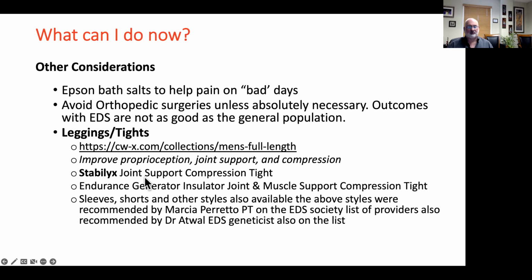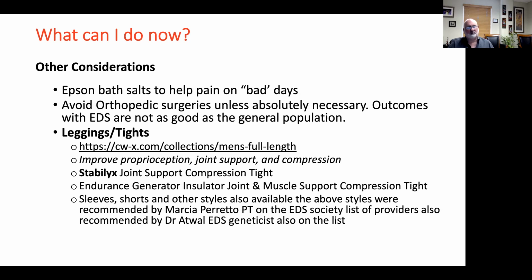They have three different types of ankle-to-belly leggings, tights. She recommends two brands specifically, and I won't say them right: Stabilix and Endurance. She recommends both because the Endurance is a little cheaper. They're $110, and the Stabilix are like $170. But if you buy them on Amazon or through their website, they often have sales on the old styles and colors.